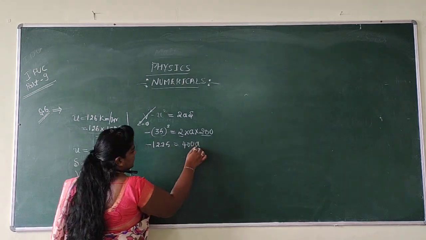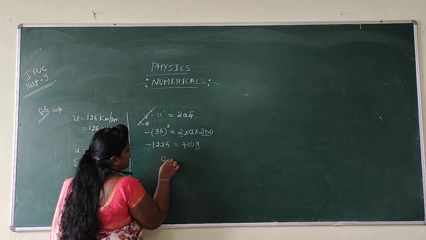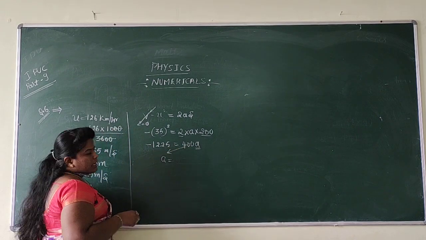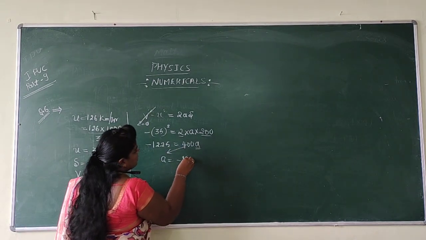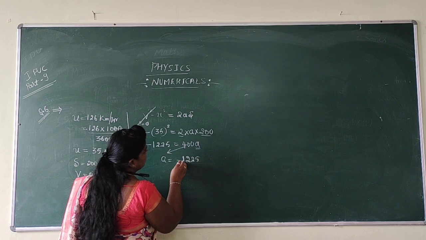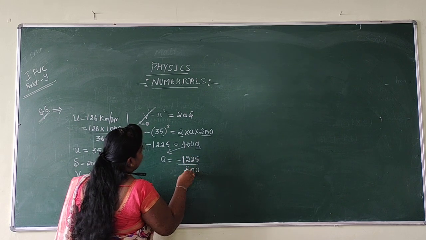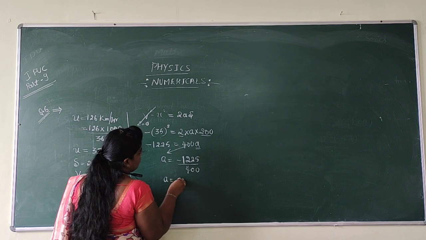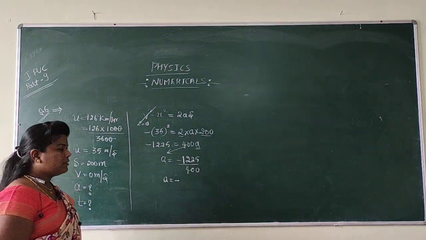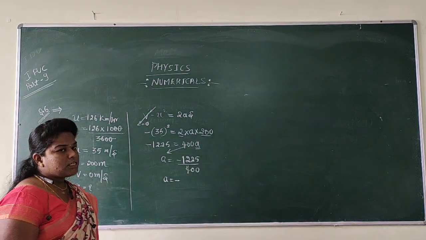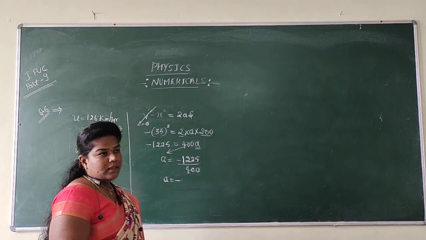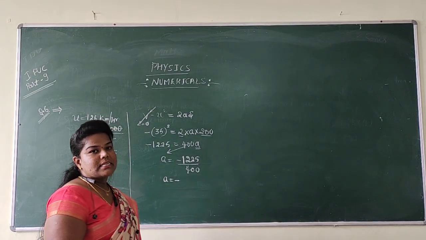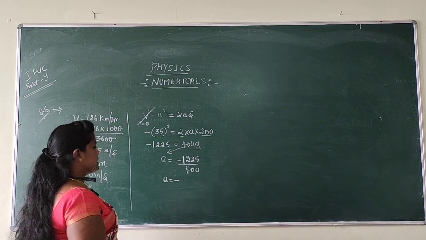I want to calculate this retardation, so keep a as it is. Shift 400, so it becomes minus 1225 divided by 400. So a is equal to minus, use your calculator, just divide 1225 by 400. You will get minus 3.06.